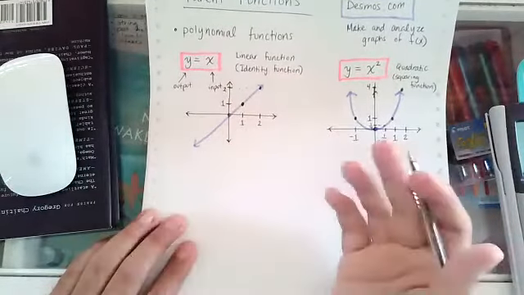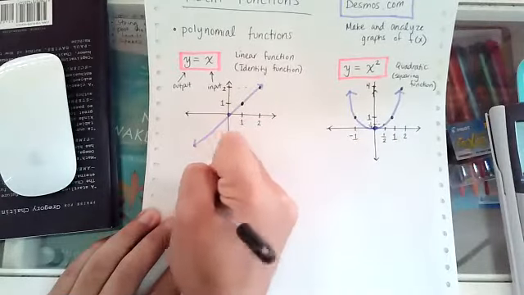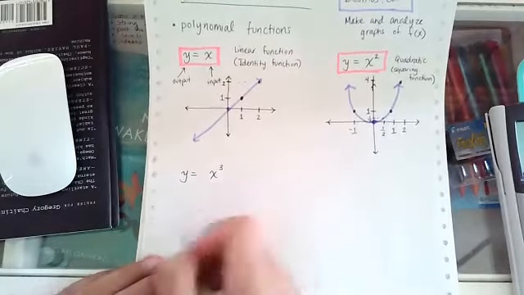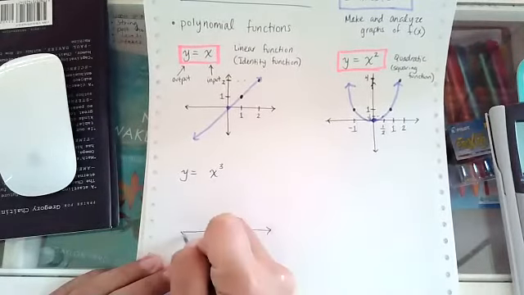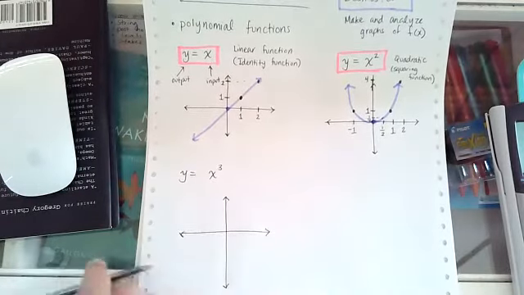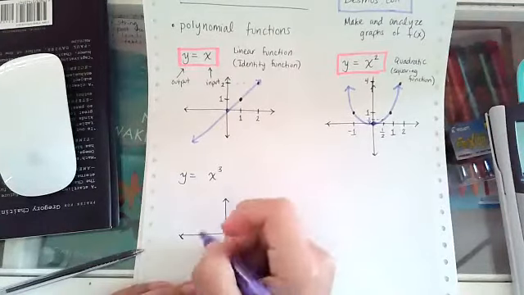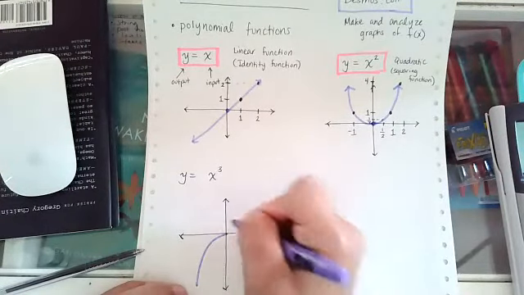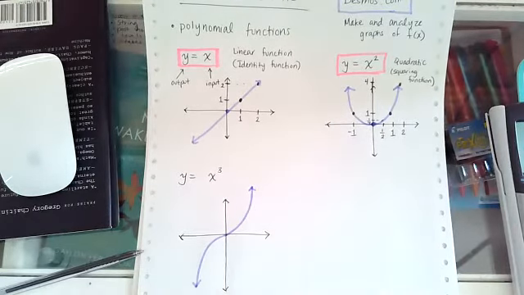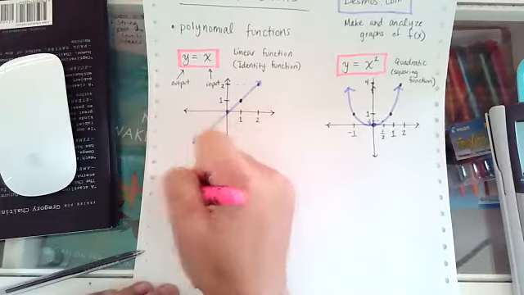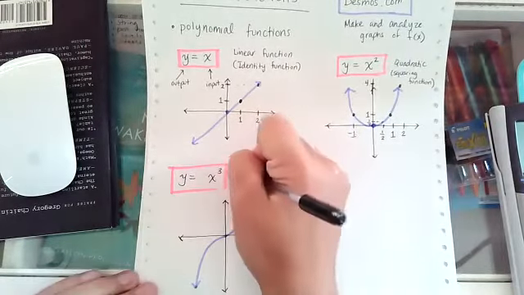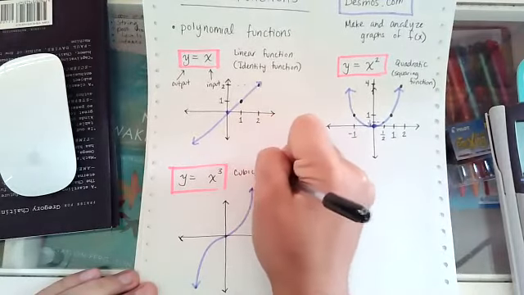Okay. Another type of polynomial function would be the basic cubic function, y equals x to the 3rd power. And a sketch of that guy would look something like this. Well, this one's actually kind of nice, at least in terms of the naming, this cubic function.